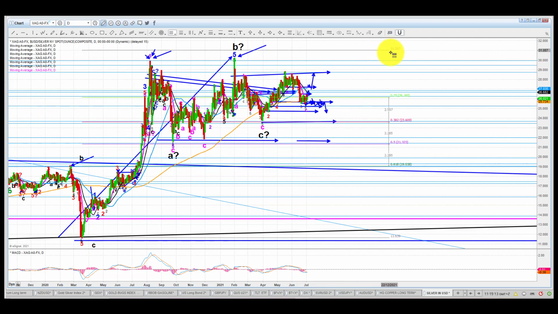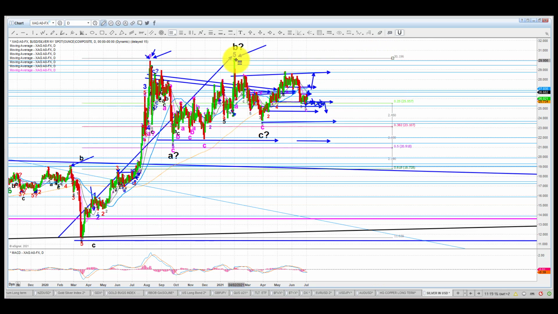I'm going to show you, for example, you see, if it relates to all of that, 50% could easily take it to around 21, roughly here. Yeah, if it goes for 6.618, it's going to go to 18.72. It's not impossible, of course.